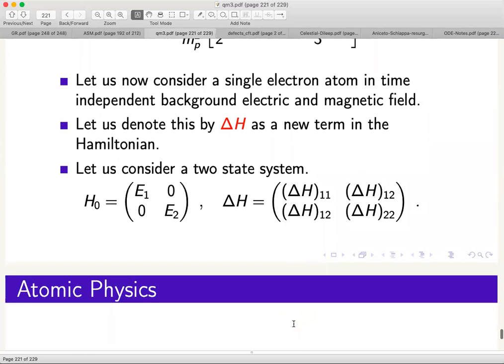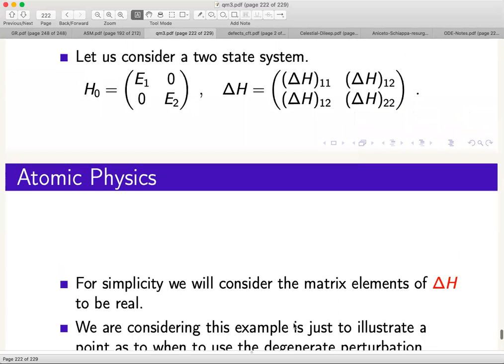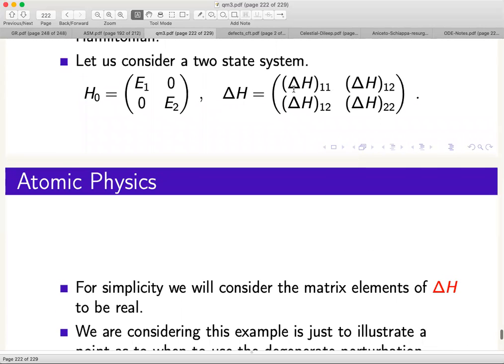Remember that I have written delta H as delta H11, delta H22, and delta H12 at both off-diagonal positions. That is just for simplicity. I could have written delta H12 star there, which is the most general expression, because delta H is Hermitian and the star will ensure this. All I'm doing is assuming that delta H12 is real. That assumption may not be correct. If you want, you can put a star on it to be on the safer side.